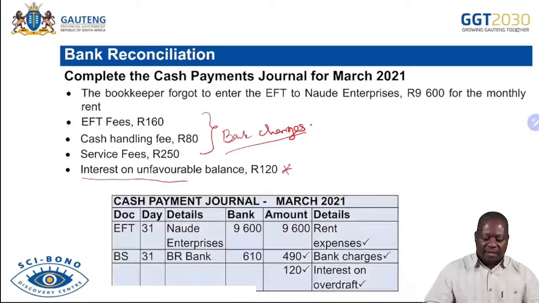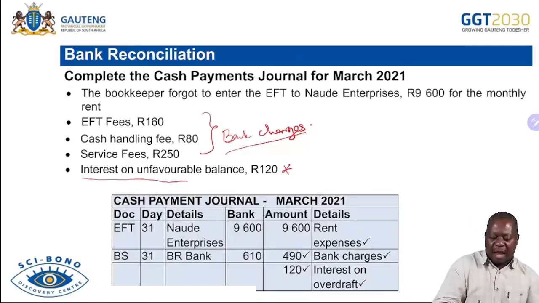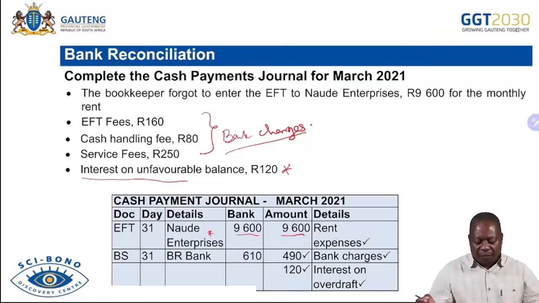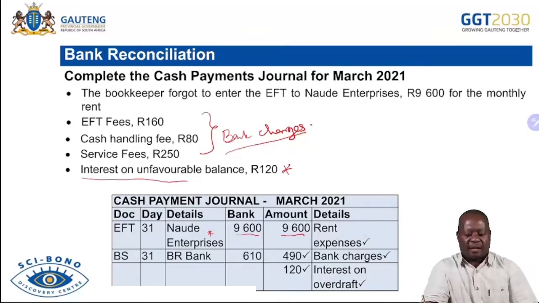So let's start with the first one, the Now the Enterprises payment that was forgotten by the bookkeeper. Who are we paying? We specify 9,600. We repeat the amount. And because it is for one thing that we know, we are going to indicate that it is rent expense.